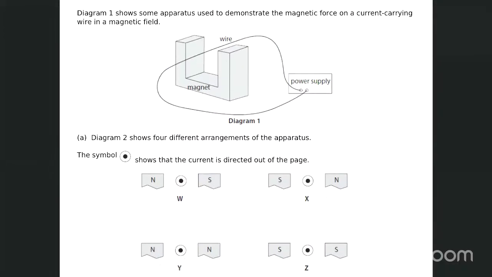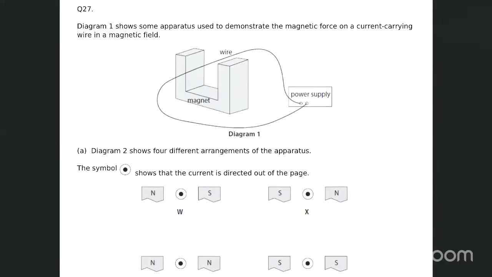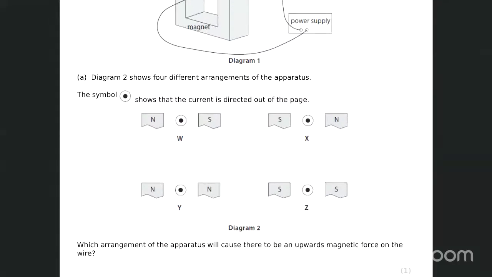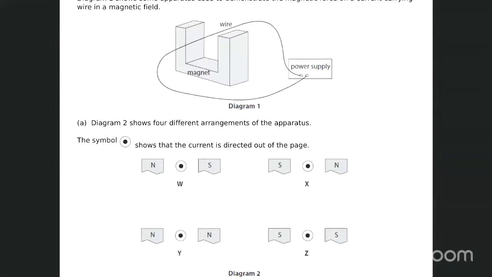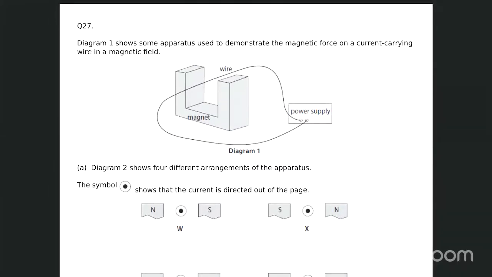Okay, then for question number 27 also, we need to use Fleming's left-hand rule. Question 27: Diagram 1 shows some apparatus used to demonstrate the magnetic force on a current carrying wire in a magnetic field. Nothing is mentioned about the magnetic field direction or the current direction.